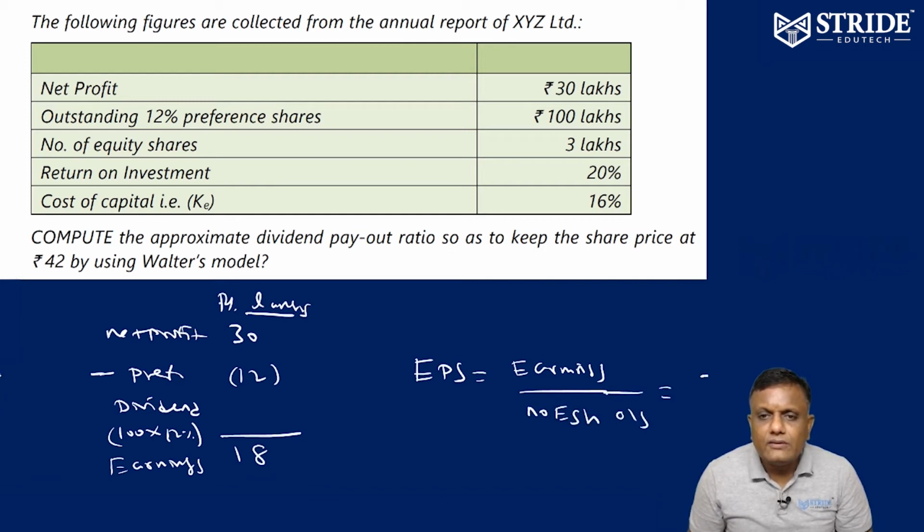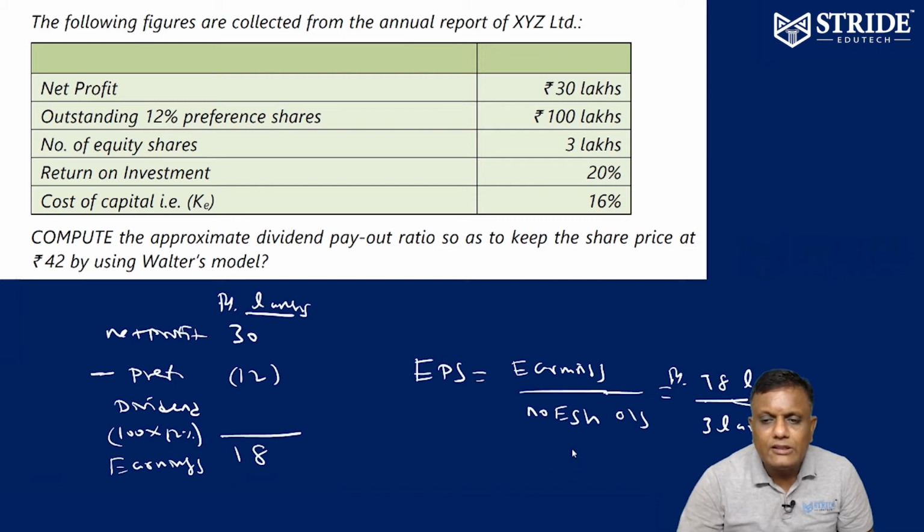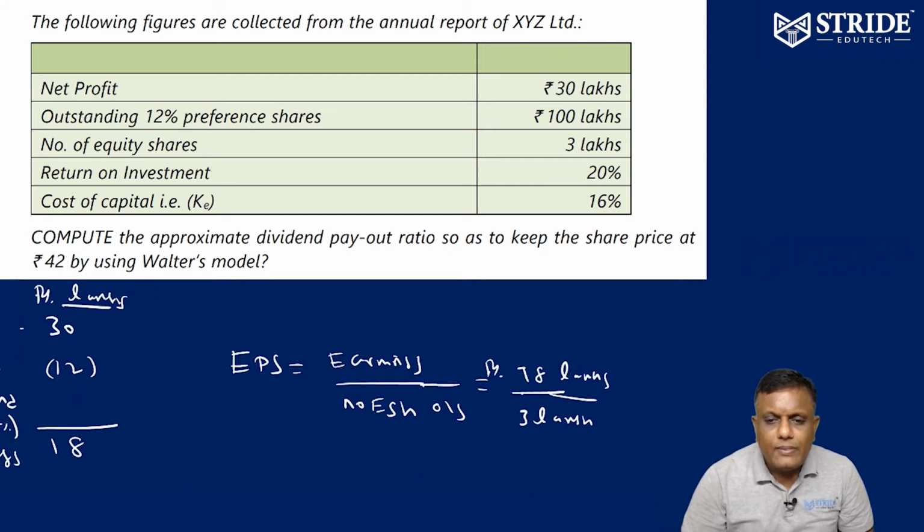Rupees 18 lakhs by 3 lakh shares is equivalent to rupees 6 per share. Earnings per share is rupees 6.